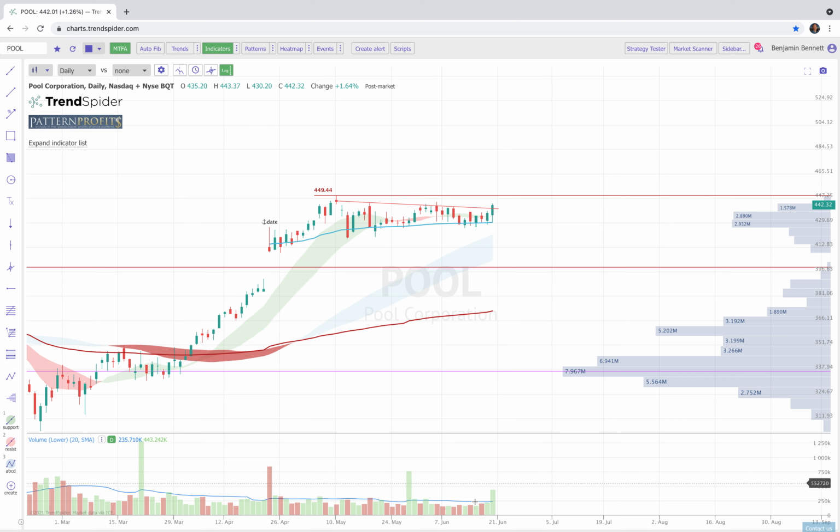Alternate pivots, when you get a big volume day like this that takes out, this is called a descending trend line. DTL, you see that one that's in red there, trending down. When price moves above a descending trend line, sometimes we can use that as an alternate entry to try to get in before the crowd comes in at this pivot.